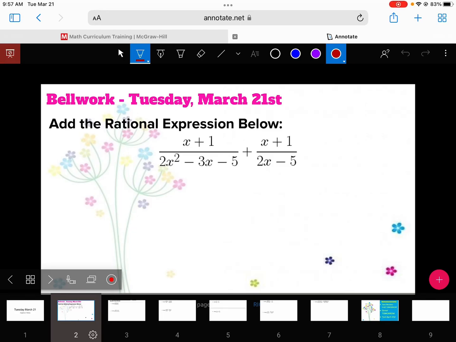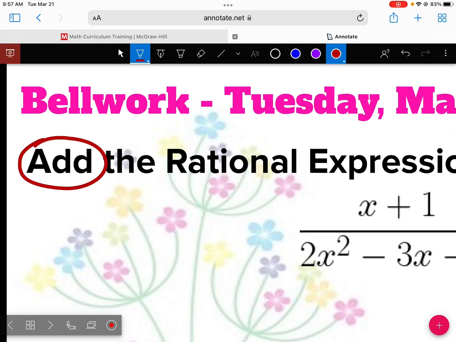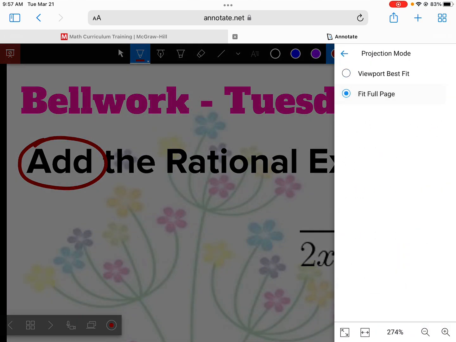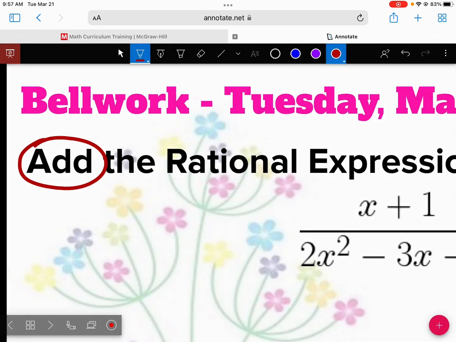What do I have to have if I'm going to add rational expressions? Must have a common denominator.